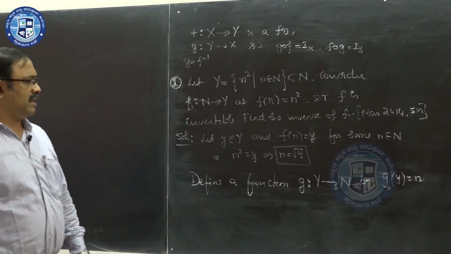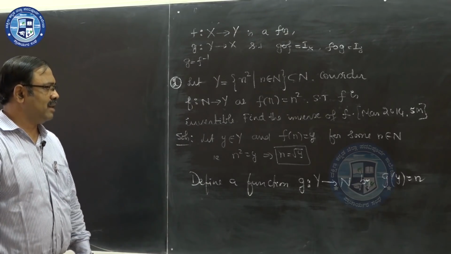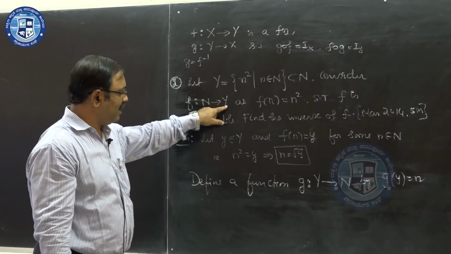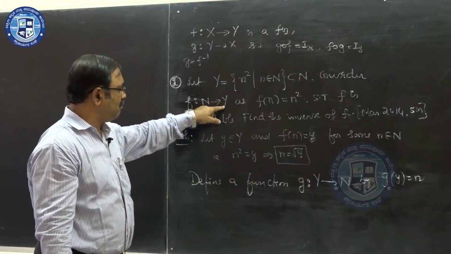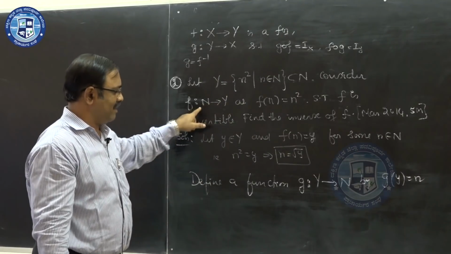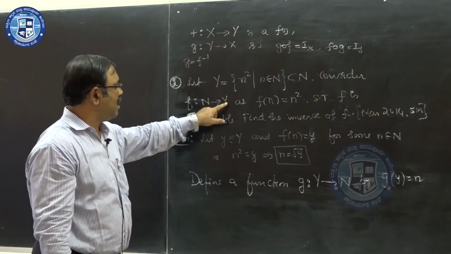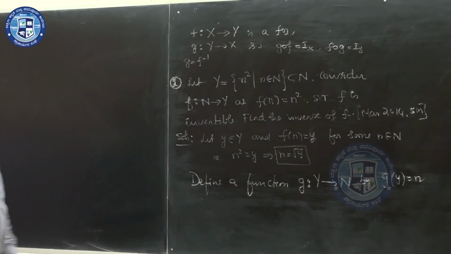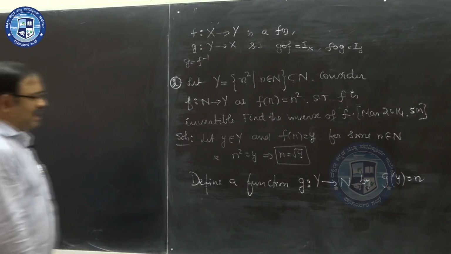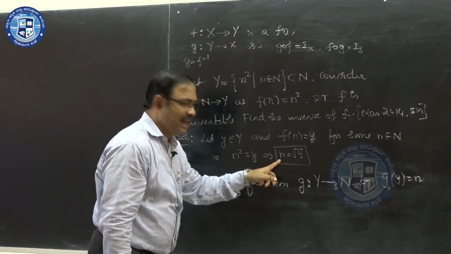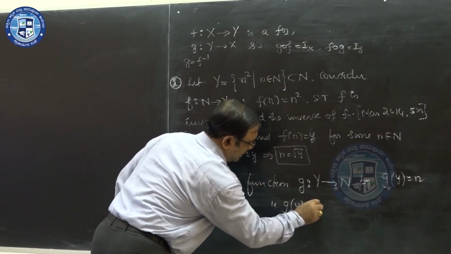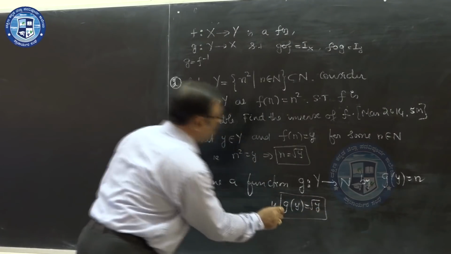Now, what is this n? n is equal to root y, that is, g of y is equal to root y.